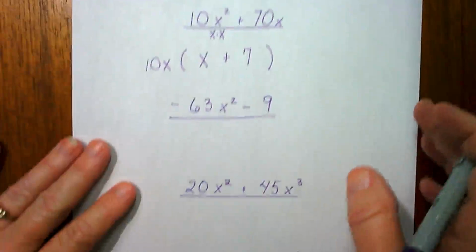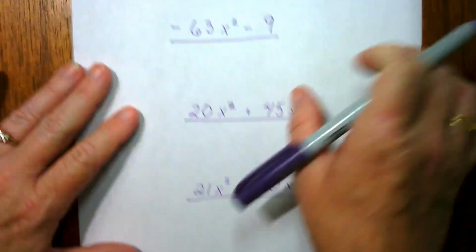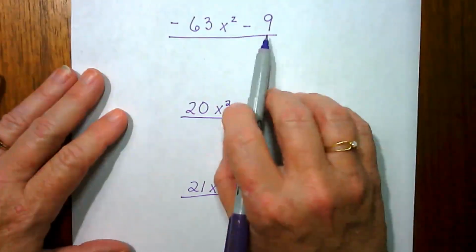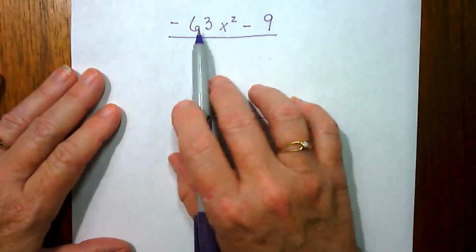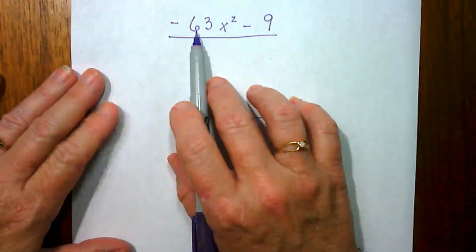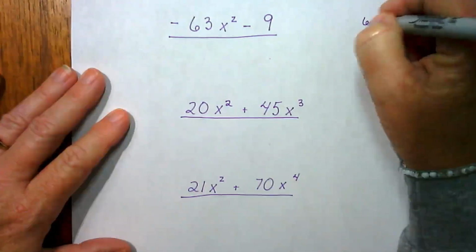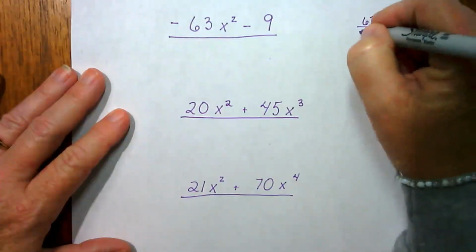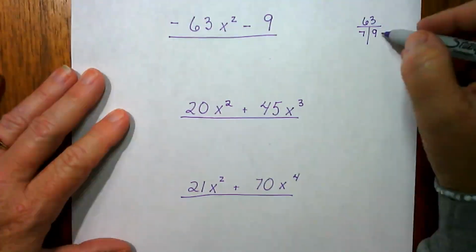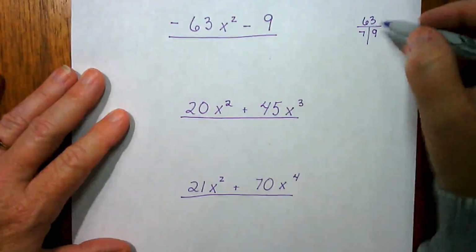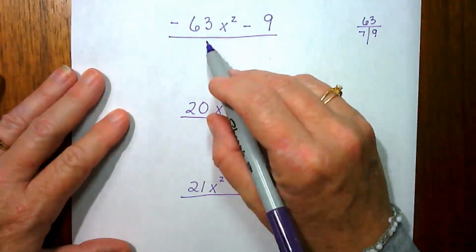Okay, next one. 63 and 9. Well, if I think about 63, I know that 7 and 9 makes 63. So 9 is a common factor of 9 and 63.